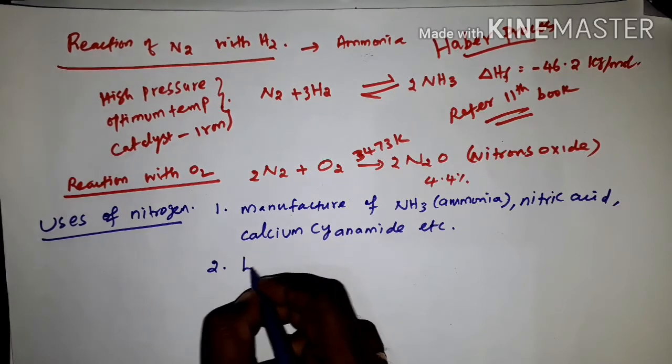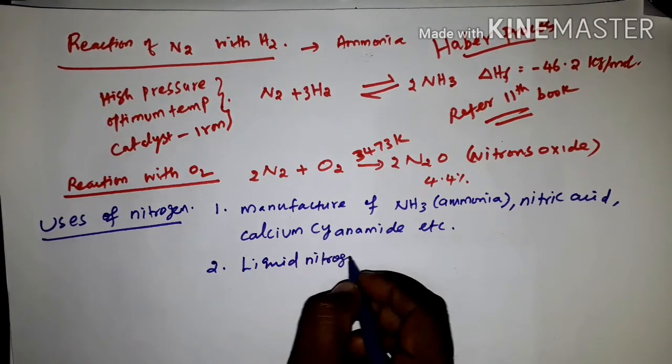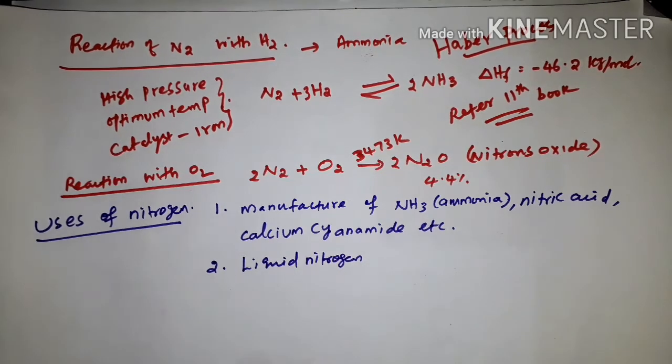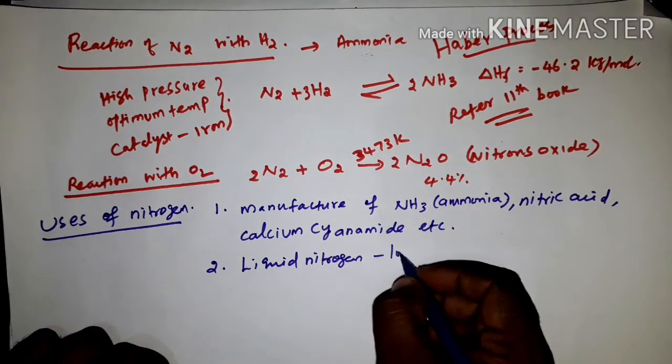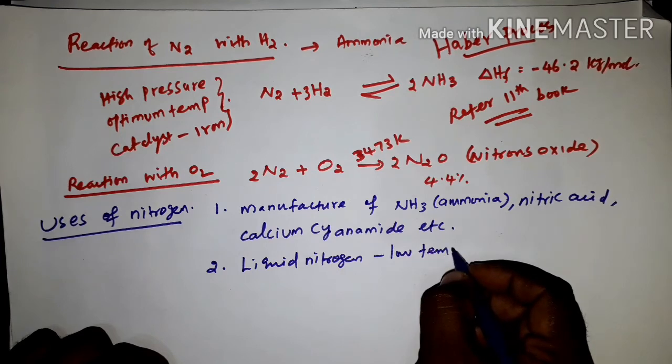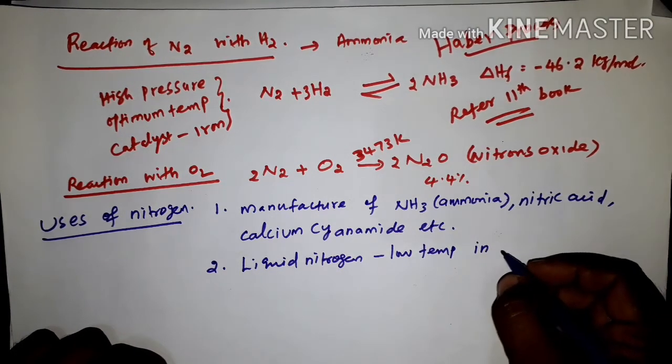liquid nitrogen. When you reduce the temperature of the atmospheric air, we are getting liquid nitrogen. This liquid nitrogen is mainly used to produce low temperature in cryosurgery.